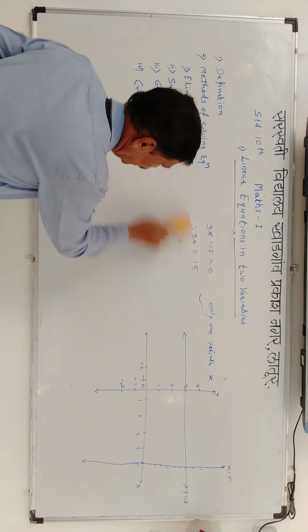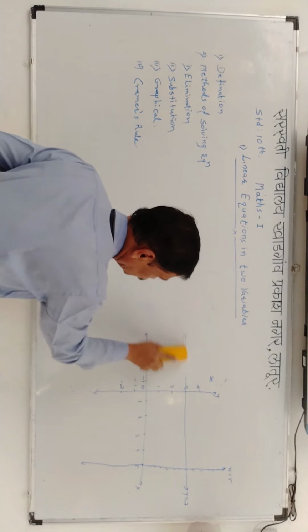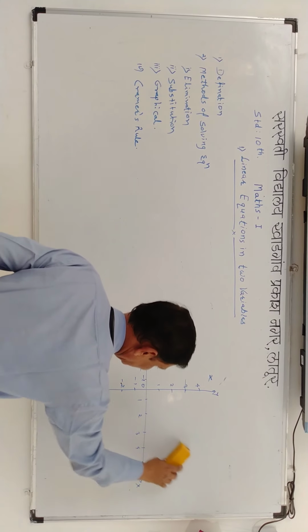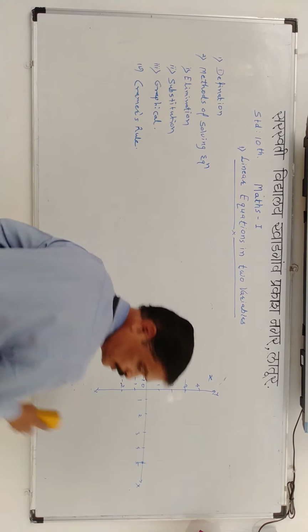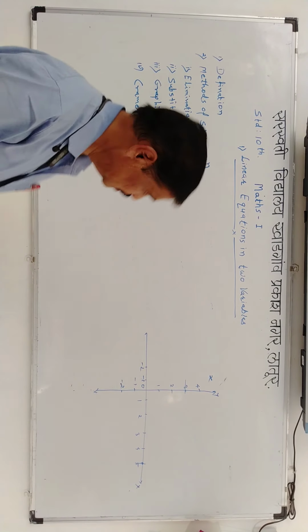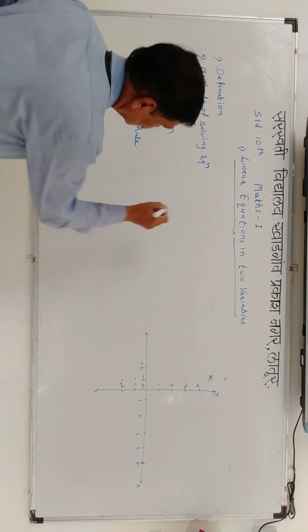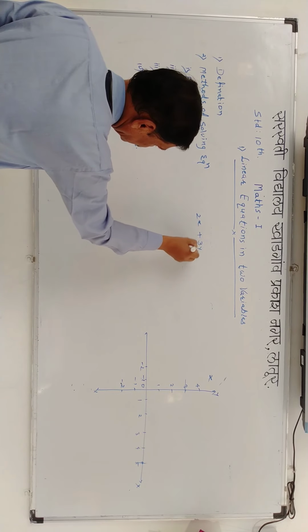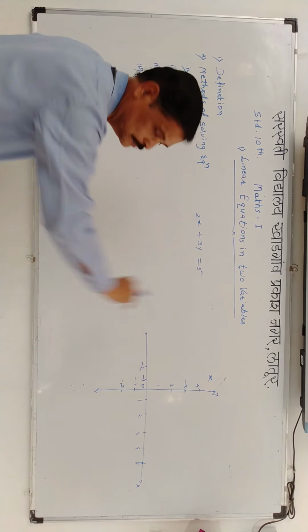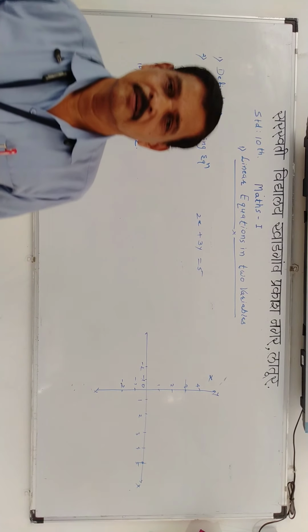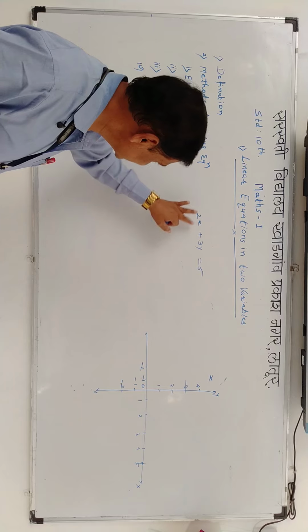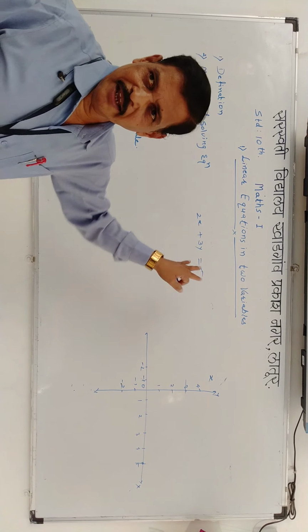Now we have to see the two variable linear equation, and observe it. Suppose 2x plus 3y is equal to 5. Here x is there and y is also there.